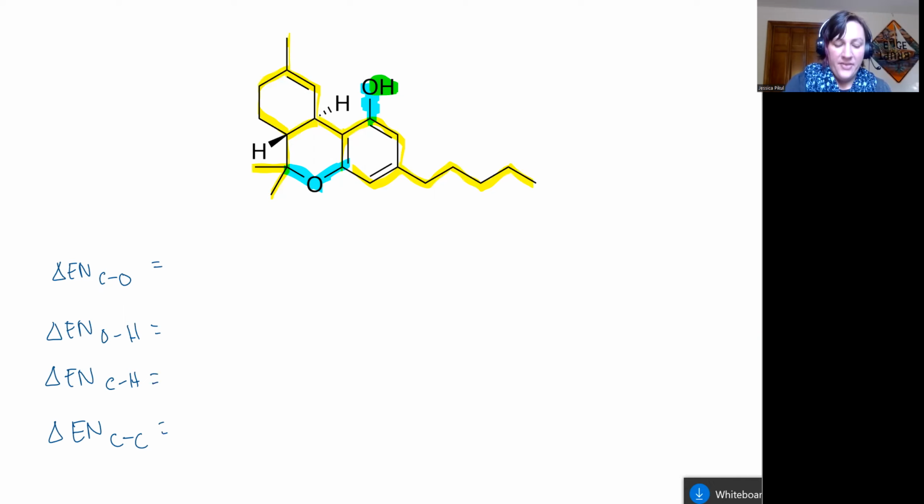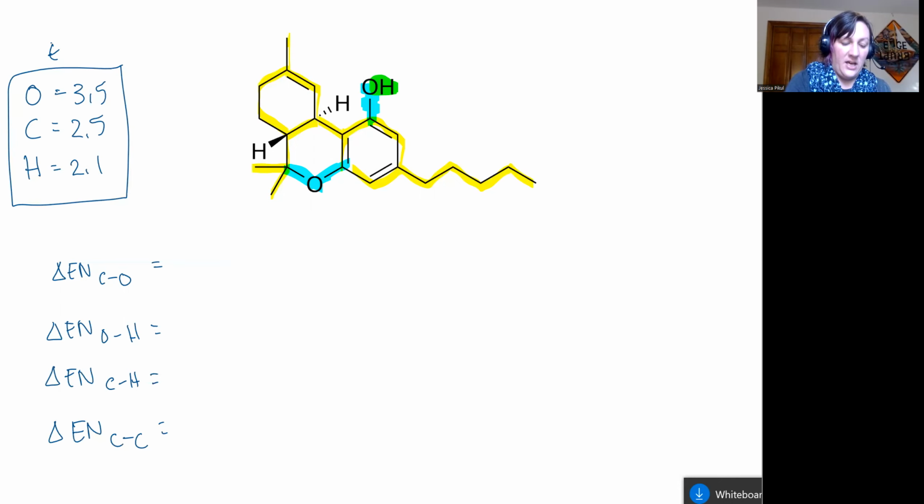We've done them already. So carbon is 2.5, oxygen is 3.5, hydrogen is 2.1 for our electronegativity values. Between carbon and oxygen, I expect it to be polar from our previous examples.